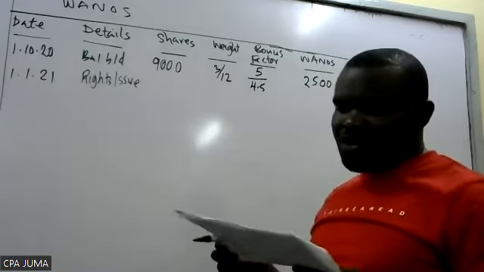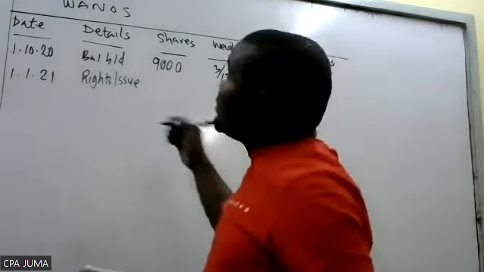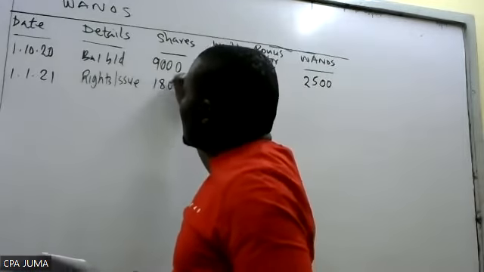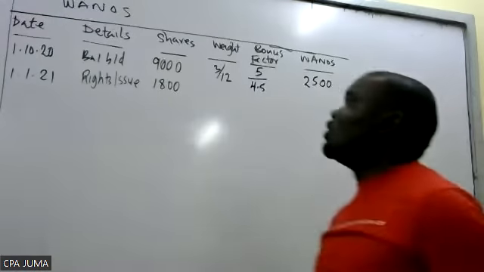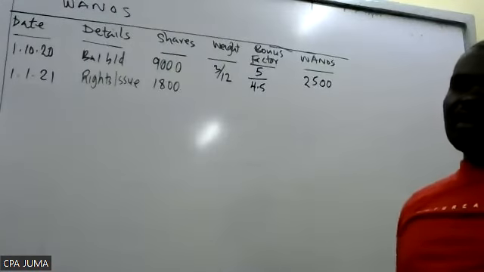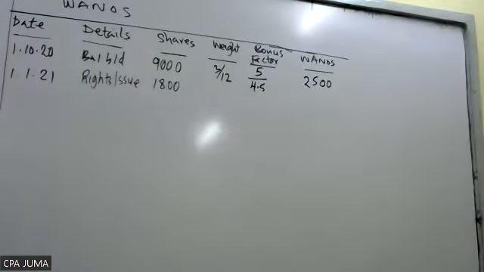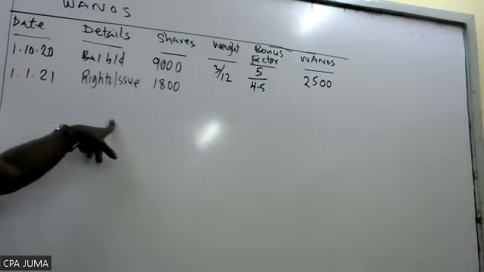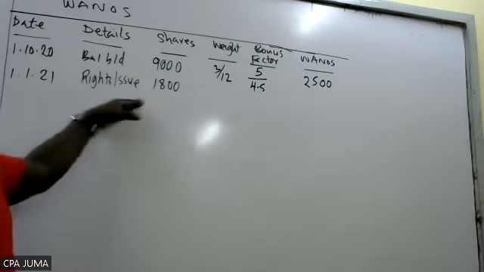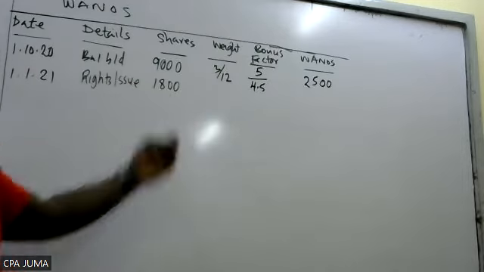So through the rights issue, they got 1.8 million ordinary shares. They have already given us that. Good. Look, they said 1 for every 5. You could take 9 times 1 over 5, you will get the same thing.